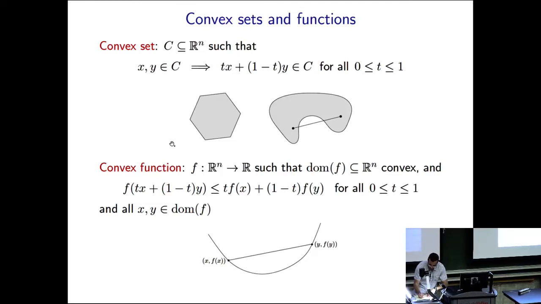It has the property that if you take any point x and any point y, and I look at the midpoint, that's going to be half x plus half y.